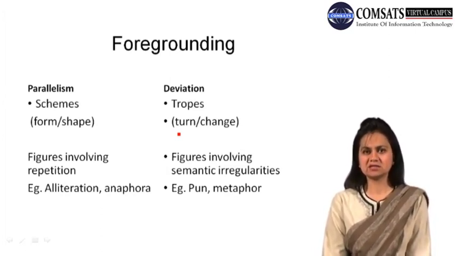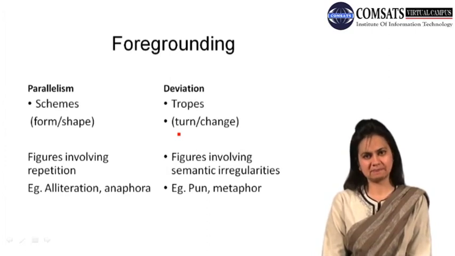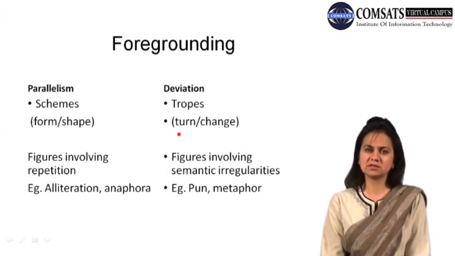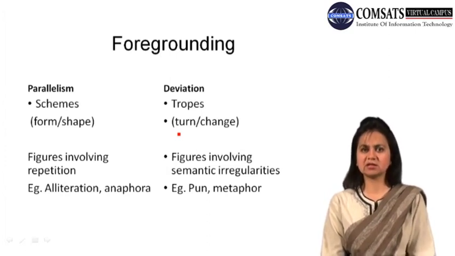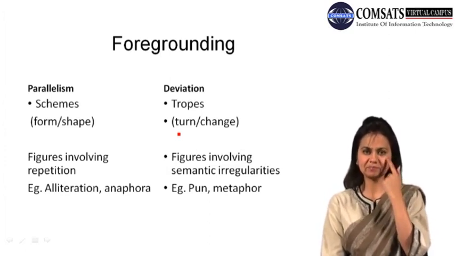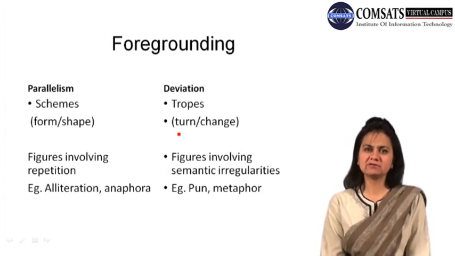Schemes, as the very name suggests, create a scheme, an order and balance, whereas tropes disrupt the order, they disturb the form, they complicate the meaning. So schemes operate at the level of sound and words, whereas tropes operate at the level of meaning and understanding.